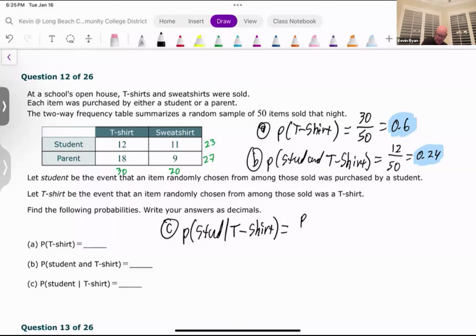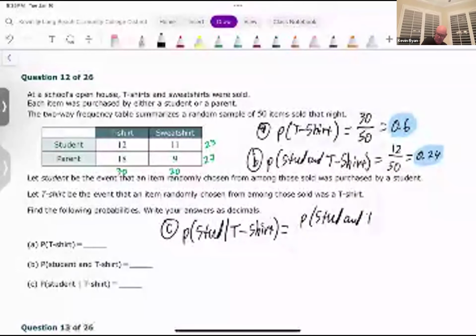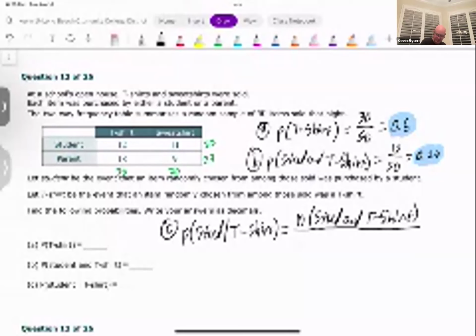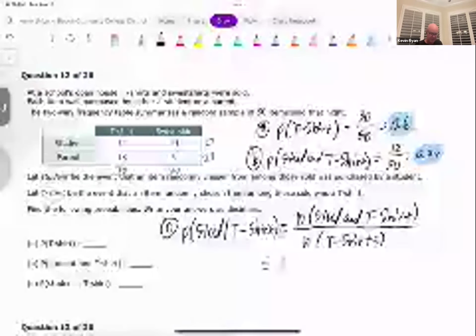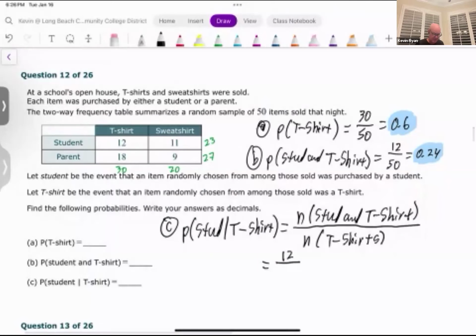It's going to be the probability of student and t-shirt, and I'm going to make this N again, of the number of t-shirts. So student and t-shirt, that is 12. And the number of t-shirts is 30.